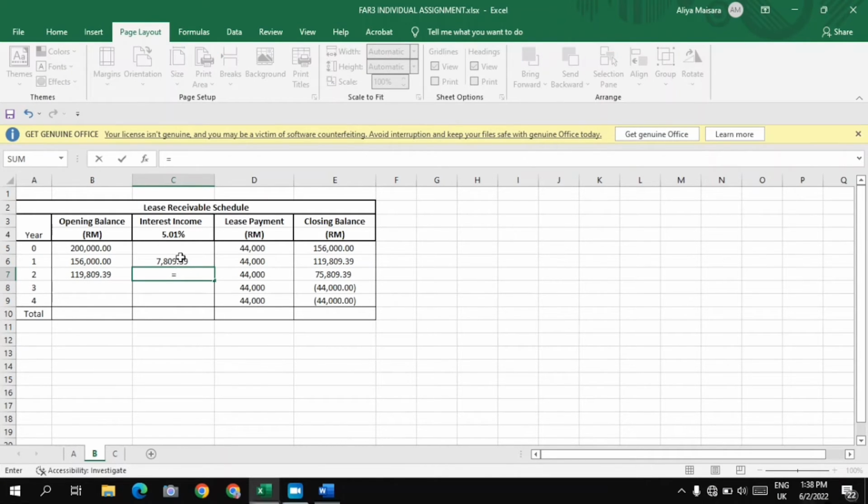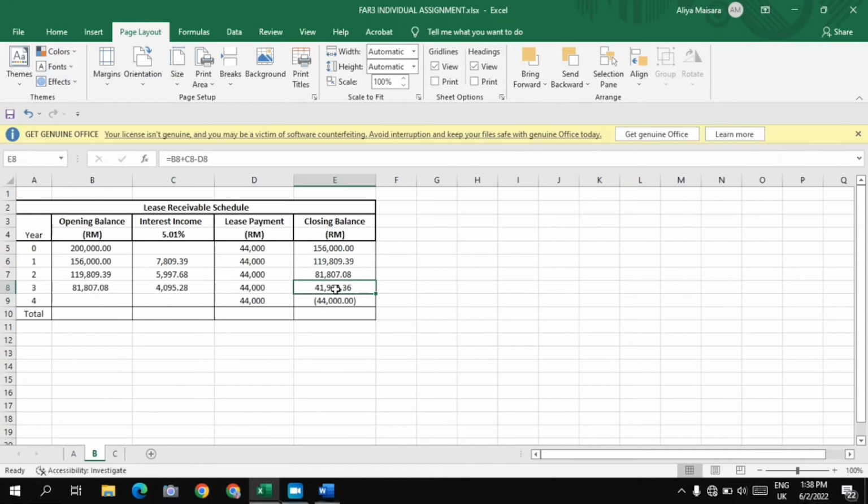Interest income is 5.01% times 119,809.39, and the same steps as before until year 4.